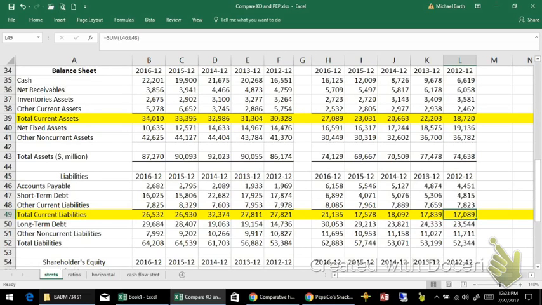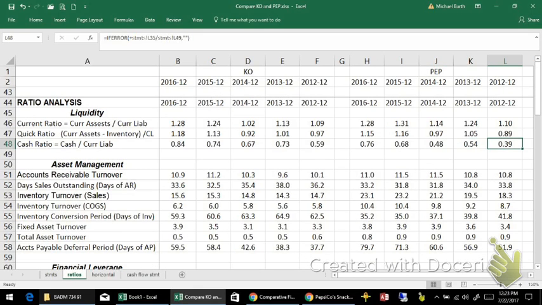While with Pepsi you had stable at about 17 to 18 billion, and then in the latest year your denominator, current liabilities, increased, but the cash has gone up steadily, and especially in the last year. So that's what we're measuring with the cash ratio, cash divided by current liabilities. And again, if you see a change in the ratio, you want to go see why the change is.